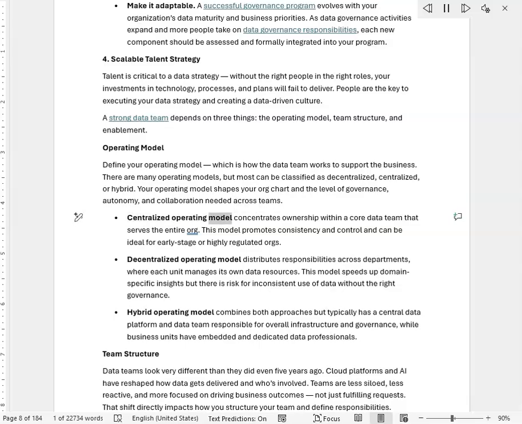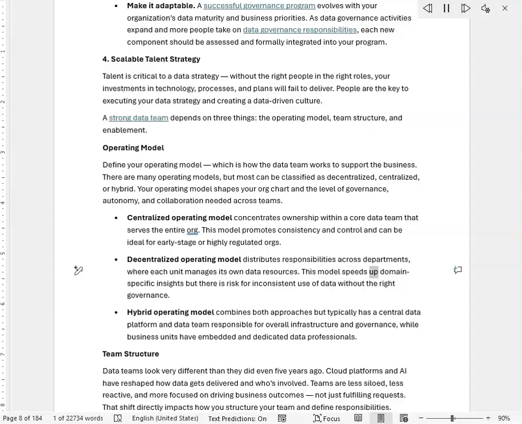Centralized operating model concentrates ownership within a core data team that serves the entire org. This model promotes consistency and control and can be ideal for early-stage or highly regulated orgs. Decentralized operating model distributes responsibilities across departments, where each unit manages its own data resources.